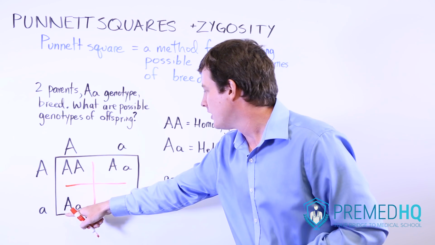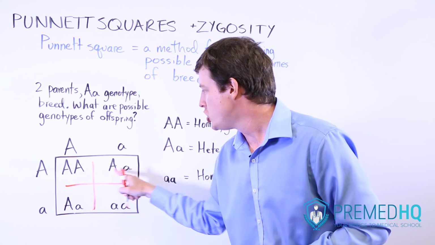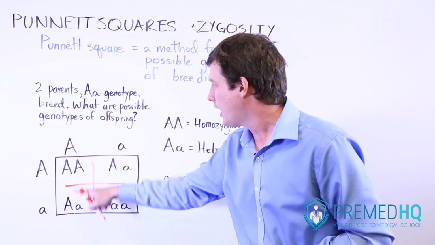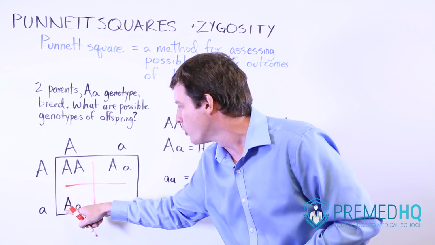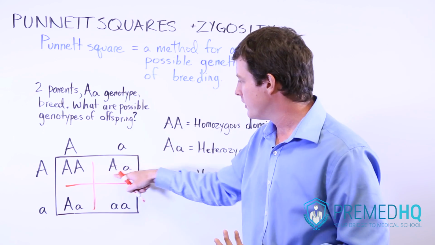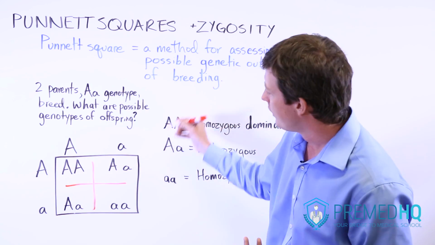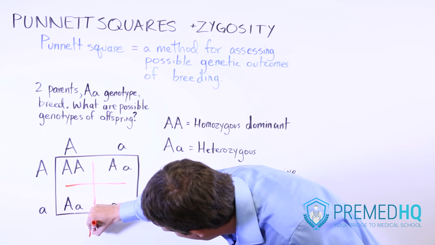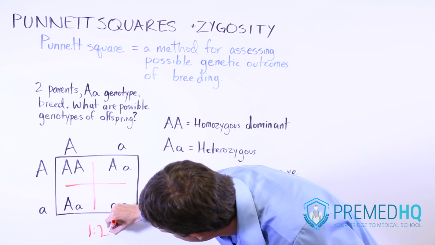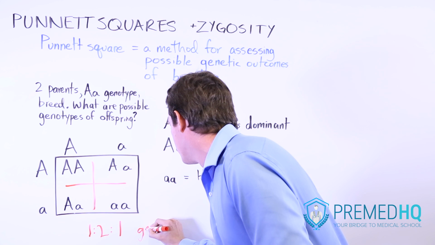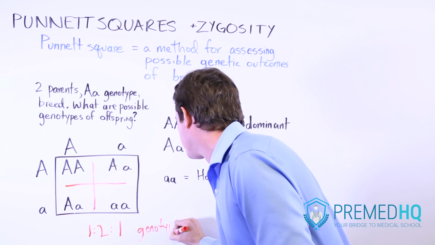But notice here that we have the same genotype arrived at in two different ways. Here it's the capital A from the mother and the lowercase from the father. Here it's the lowercase a from the mother and the capital from the father. And so what we have here is a 1-to-2-to-1 genotype ratio.